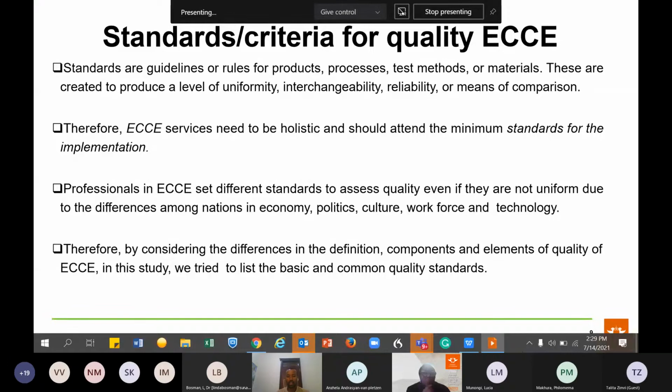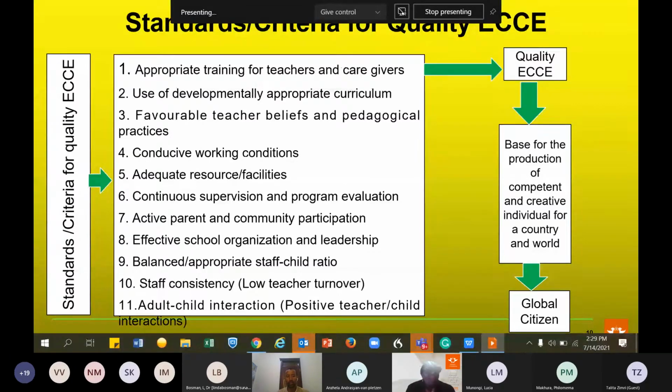Therefore, by considering the differences in the definition and components of ECC, we try to list basic and common quality standards of ECC. These are the criteria we found based on our study.